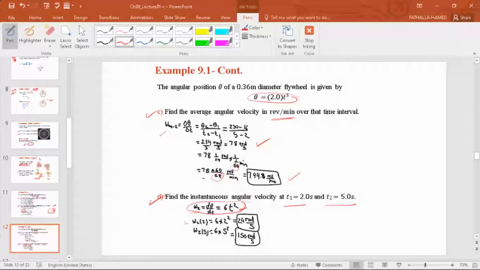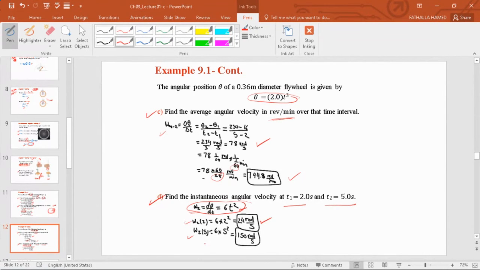Now you can evaluate that at 2 seconds. That's why we say omega z of 2. It's 6 times 2 squared, and 2 squared is 4. 4 times 6 will give you 24 rad per second. Again, you can convert this to revolutions per minute if they ask you to do so.